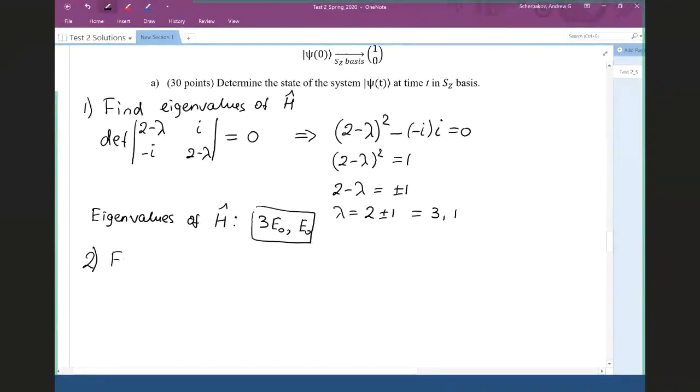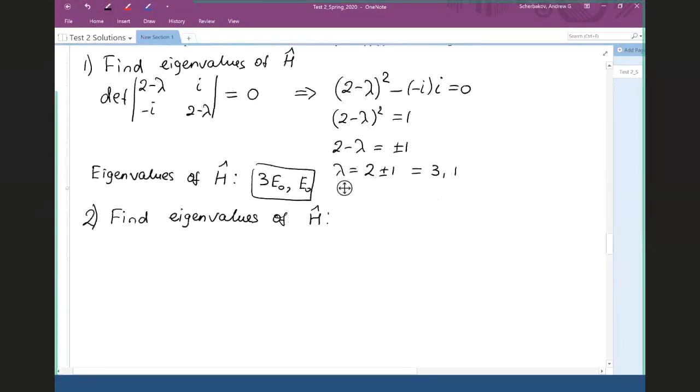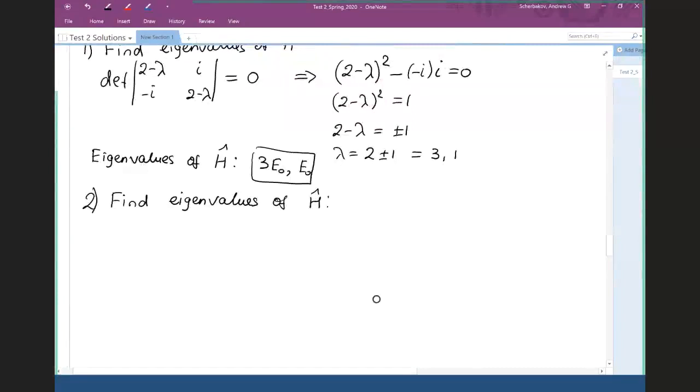Okay, so the next item in our algorithm is to find the eigenvectors. First we find, whatever, it doesn't really matter. Let's find the eigenvector corresponding to, why do I say eigenvalues? I'm sorry, you should correct me. Eigenvectors, thank you very much. Yes, that's absolutely correct.